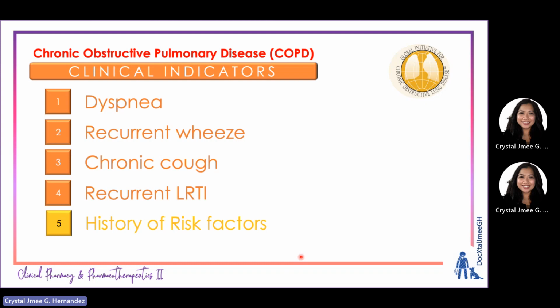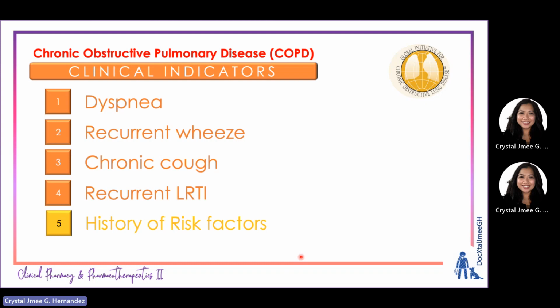Again, for the history of risk factors, let me emphasize, though it was discussed in the previous slide, what are the things to note? Of course, tobacco use or cigarette smoking. We should also include the popular local preparations, cigarettes, vaping, and the like. Smoke from home cooking and heating fuels, especially if occupational related.